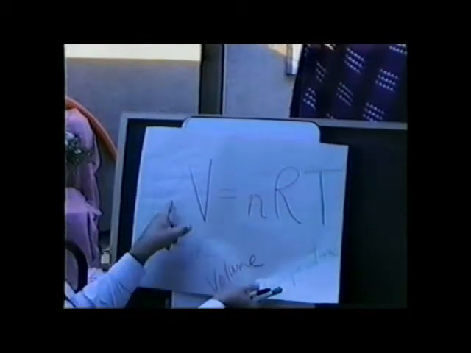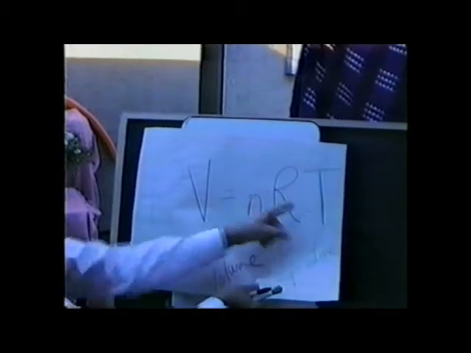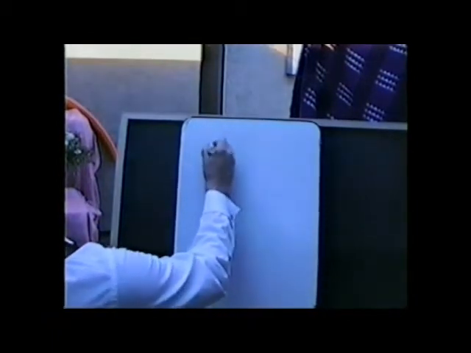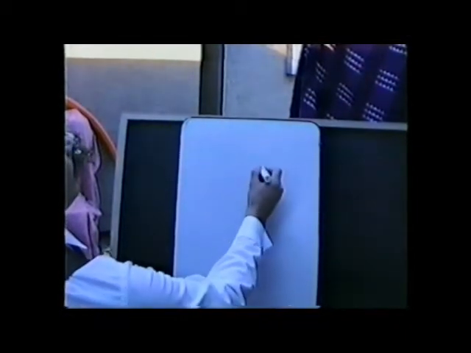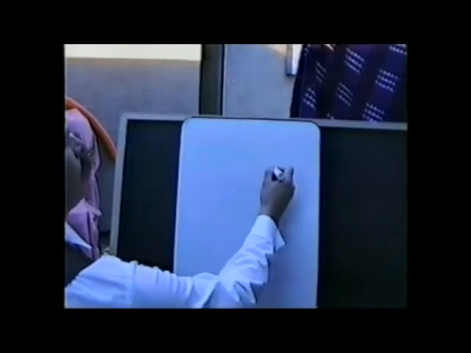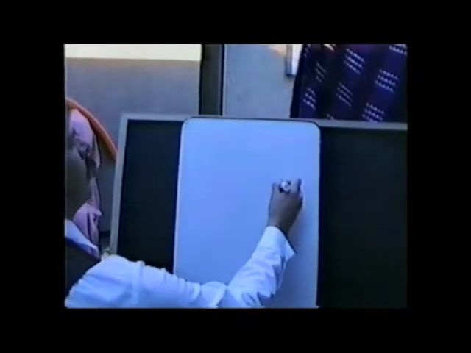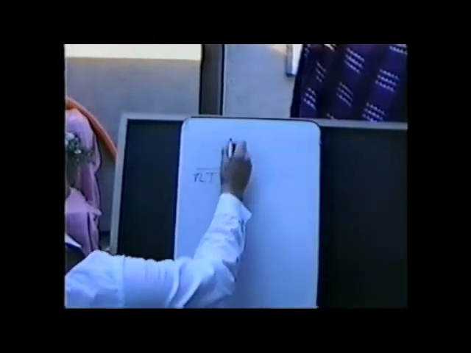So we'll need to divide both sides of the equation by N and both sides by T. Let's start here with PV equals nRT. We'll divide both sides by N and T.